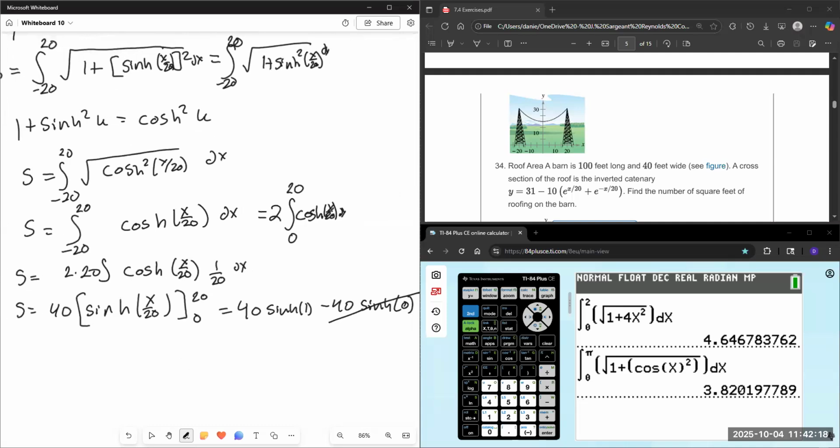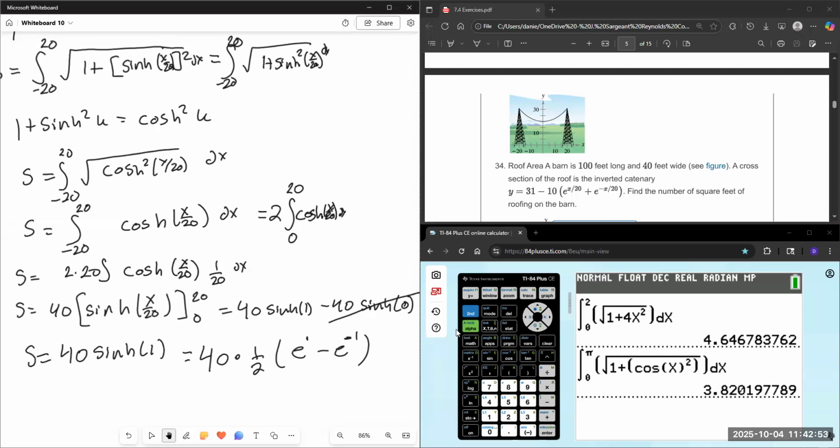So s is equal to 40 hyperbolic sine of 1, which is approximately, well, let's turn this back into the statement, 40 times 1/2 e to the first minus e to the negative first, right?